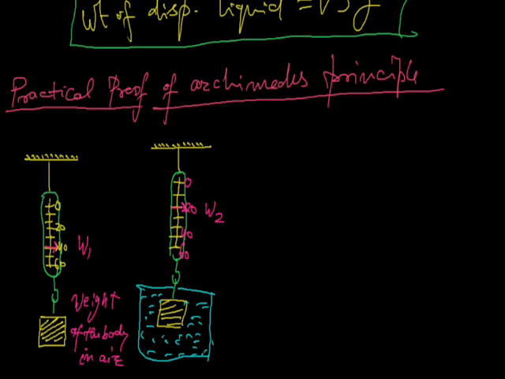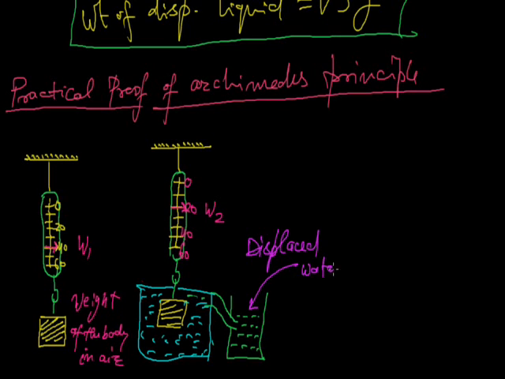In the third part, the displaced water is taken into a beaker. Initially the pot is full of water, and the displaced water is taken into the beaker. This is the displaced water. Let the initial weight of the beaker be W3.